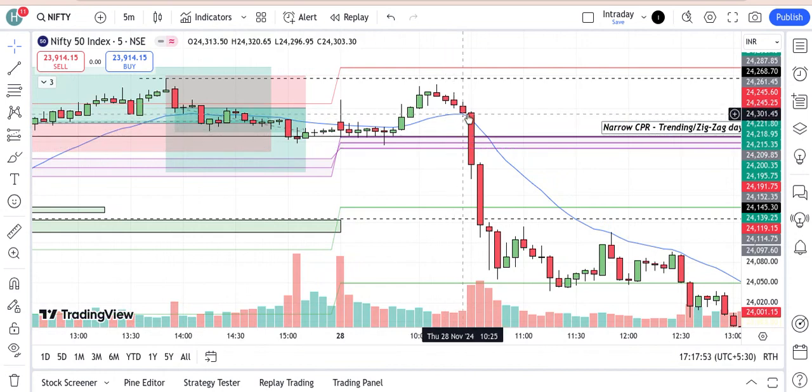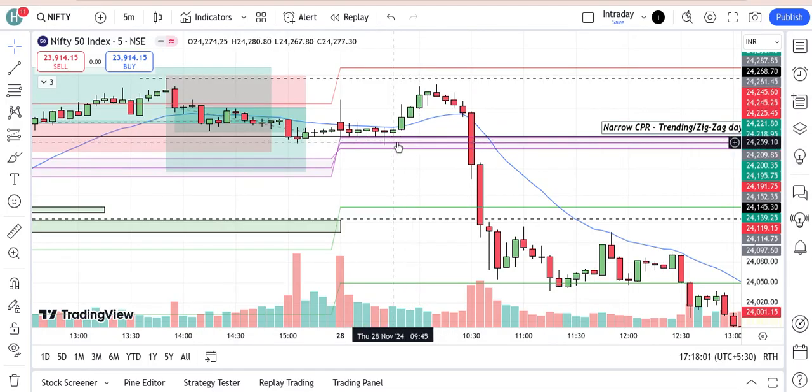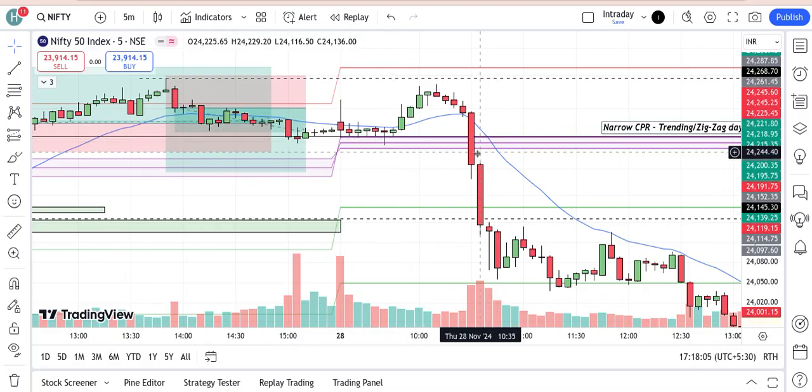Market broke it decisively. Breaking means it's a solid candle, and usually whenever the breakout happens, the level is broken with half the candle up and half the candle down. In that case it's a high breakout, and something must have happened in the market, some news or whatever, but it is giving you an indication that this is a strong breakout.